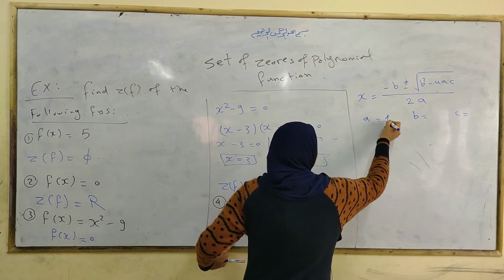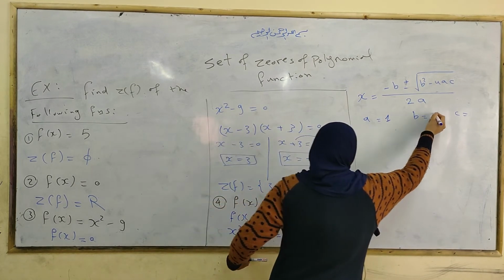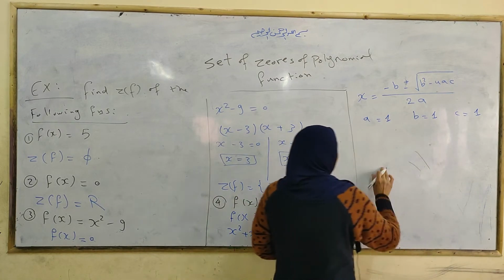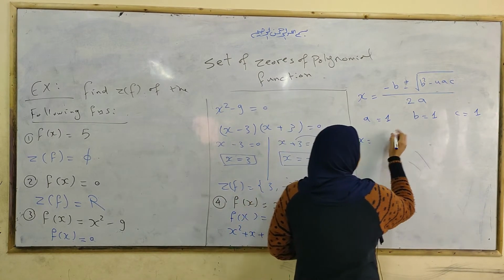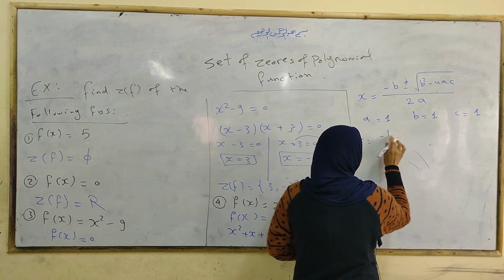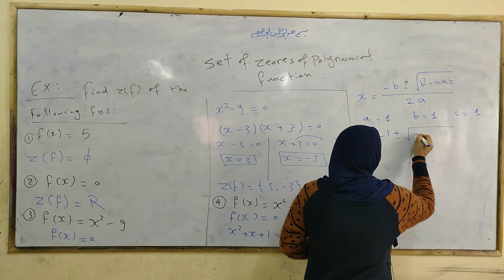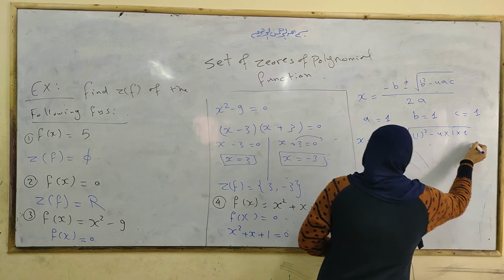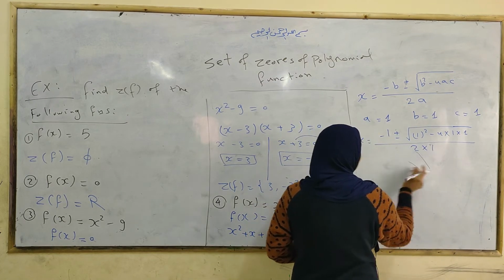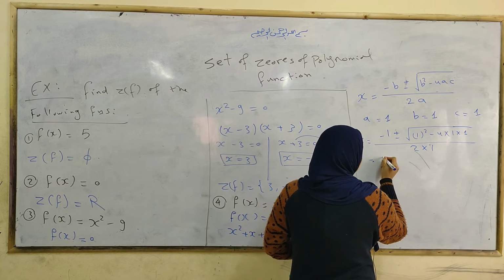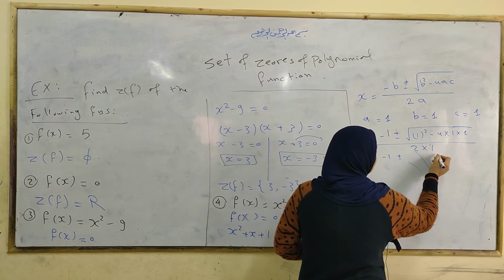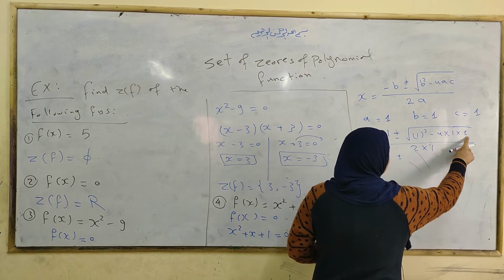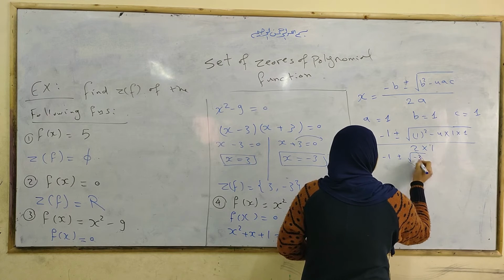So a equals 1, b equals 1, and c also equals positive 1. X equals negative 1, positive or negative, square root of 1 power 2 minus 4 times 1 times 1, over 2 times 1.